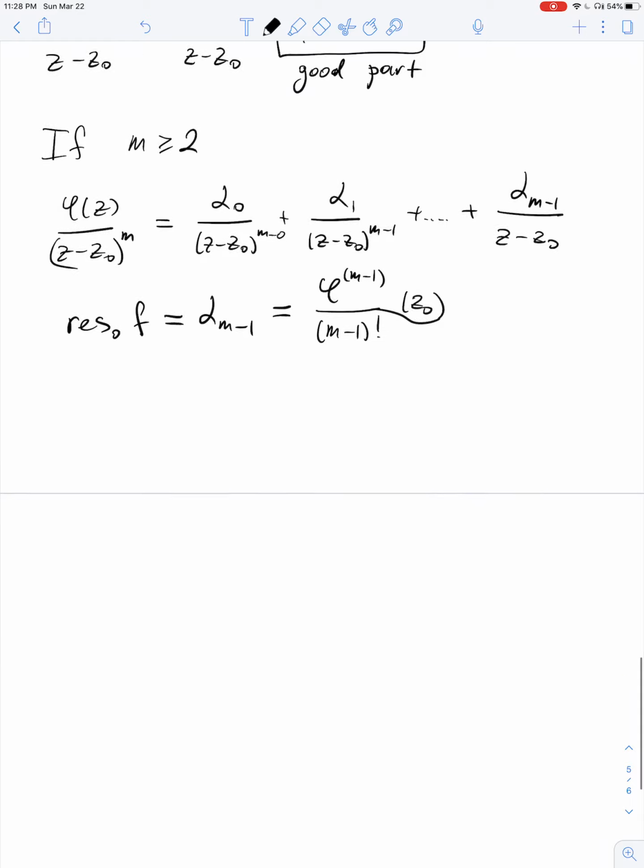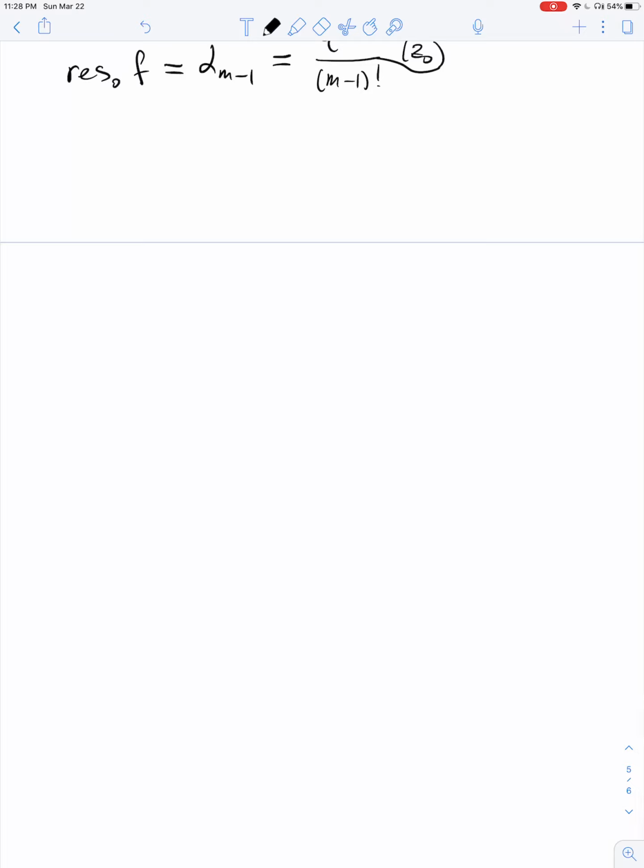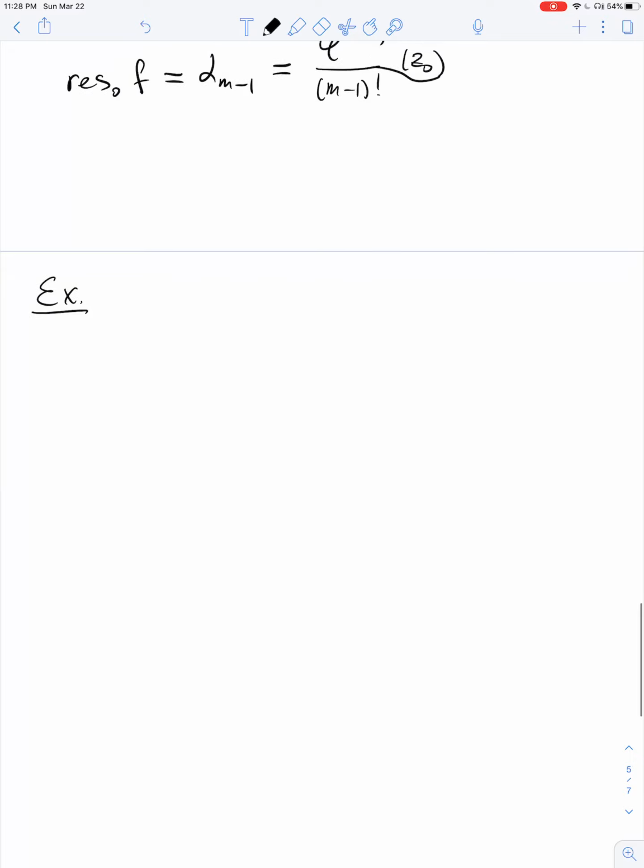But this is extremely useful, because we don't need a Taylor series anymore. Remember, I was advertising this way of computing the residue with writing just a Taylor series and then figuring out which coefficients we need, and then writing these coefficients in terms of the derivative. Well, here it is.